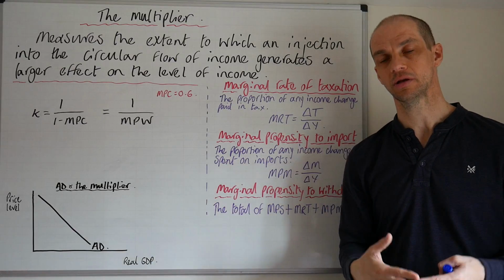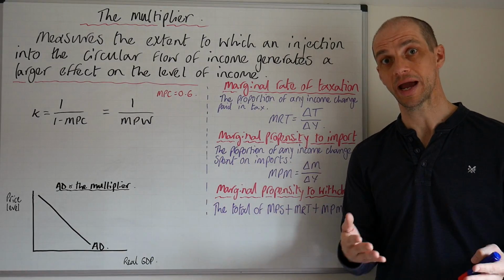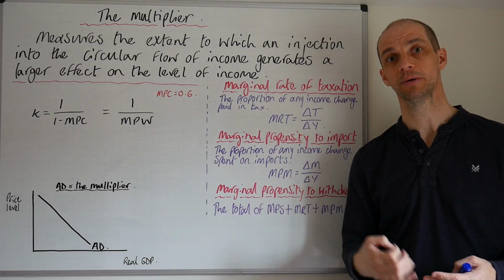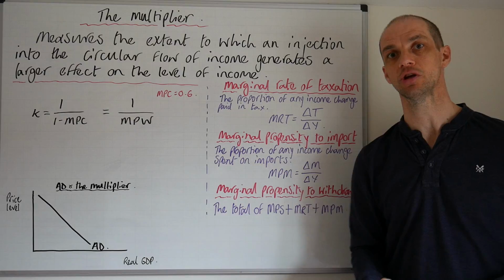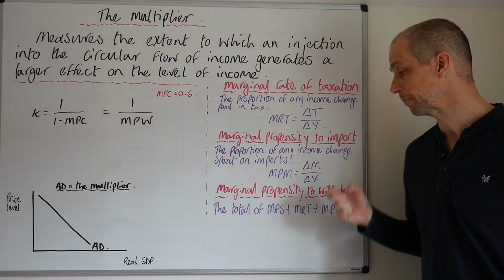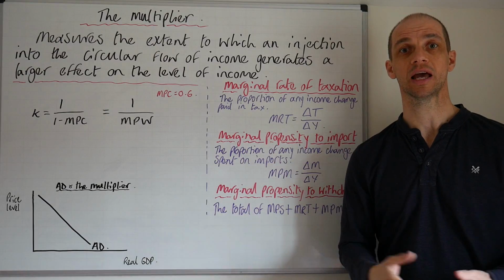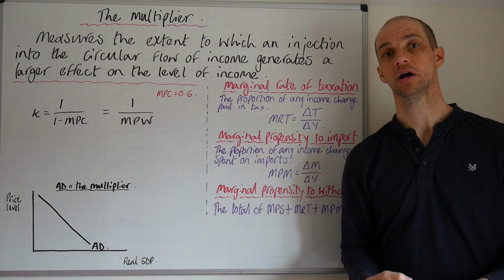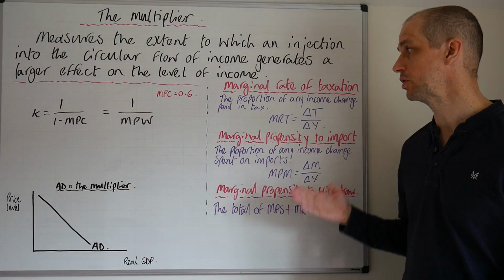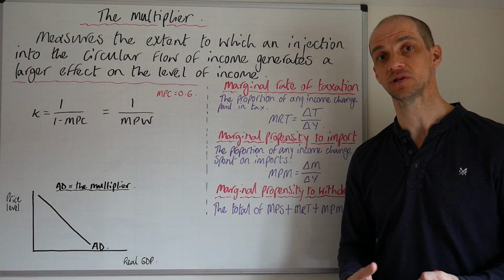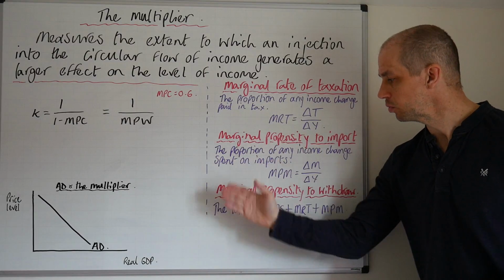It all depends how consumers react to these different changes, whether they choose to import more from abroad, i.e. buy or consume goods from abroad, or whether the government has policies which will take more of their income away and therefore not necessarily give rise to a big increase in consumption. Okay, so what does all this mean?